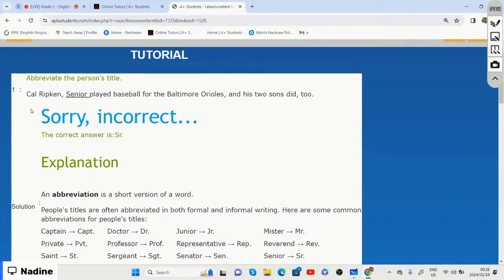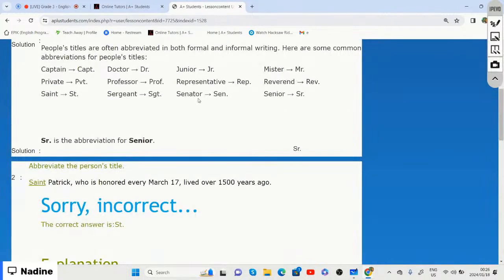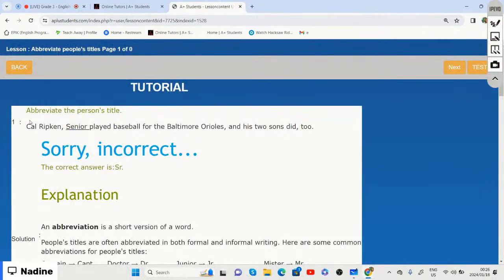So if we now look at this question, it says we need to abbreviate the person's title within the sentence. Cal Ripken Sr. played baseball for the Baltimore Orioles and his two sons did too. So that underlined word senior, we need to abbreviate.